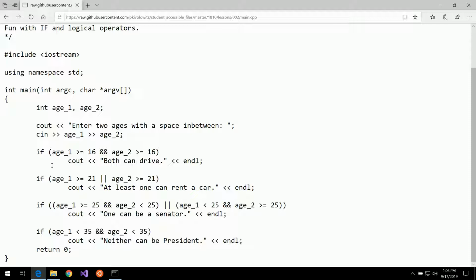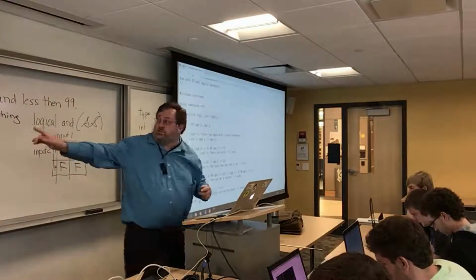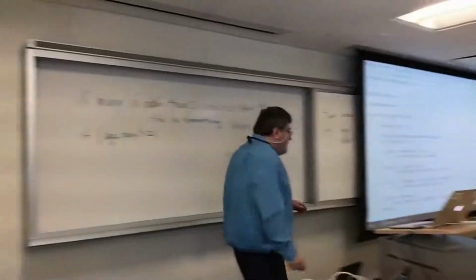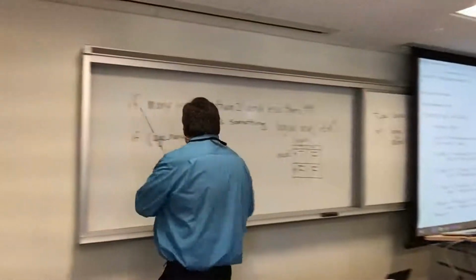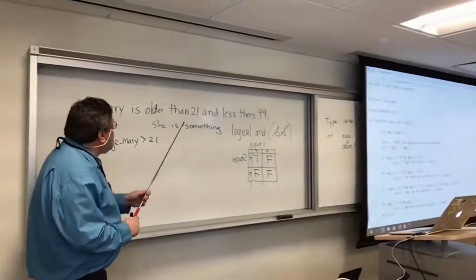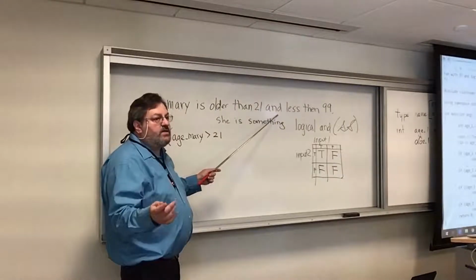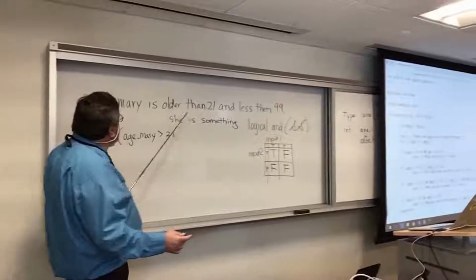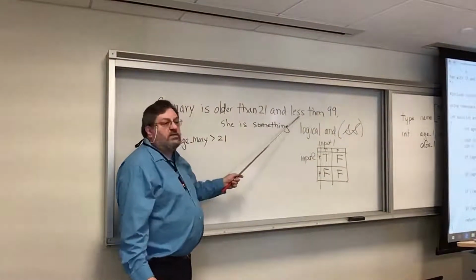Any questions about the logical and? Let's turn to the board here, make another important point. In English, we often use a conjunction with an implied subject. So if Mary is older than 21 and less than 99, who's less than 99?